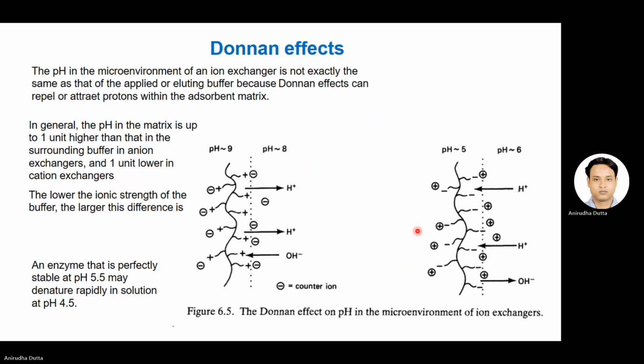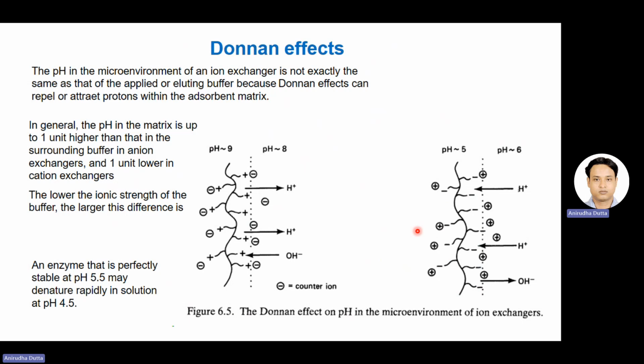Even if we have chosen a pH for running the ion exchange column, because of the lack of equilibration, or because of the porosity, the micro environment in the ion exchange matrix might not be exactly the same as the buffer that we applied.